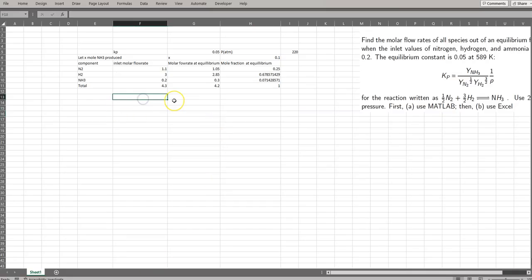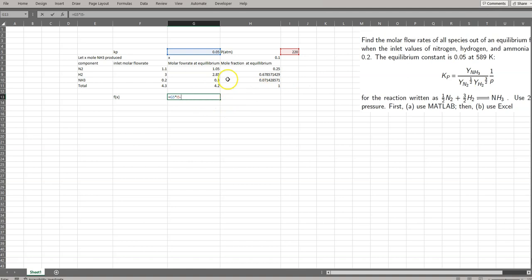So f(x), a function of x, will be Kp into P, where Kp is here, minus the ammonia mole fraction.